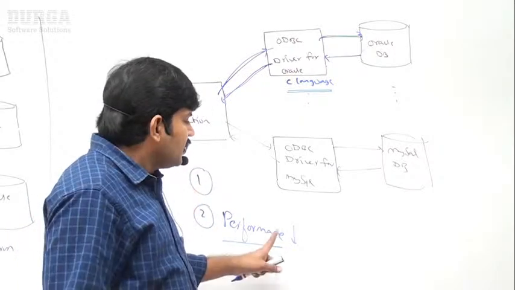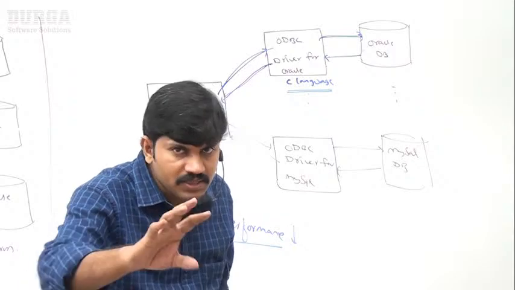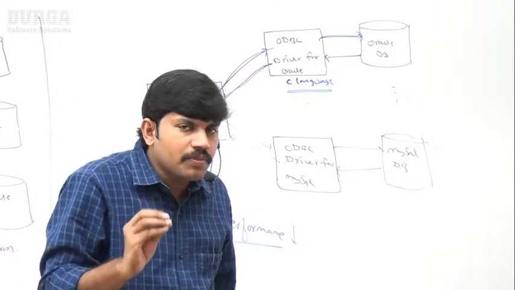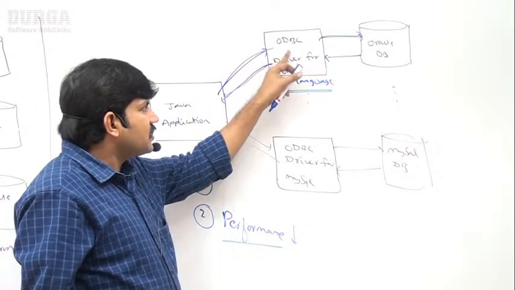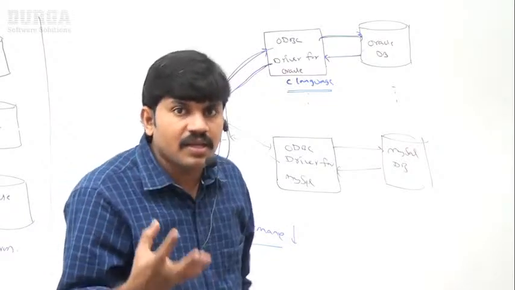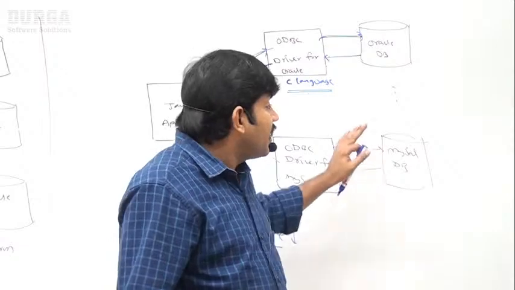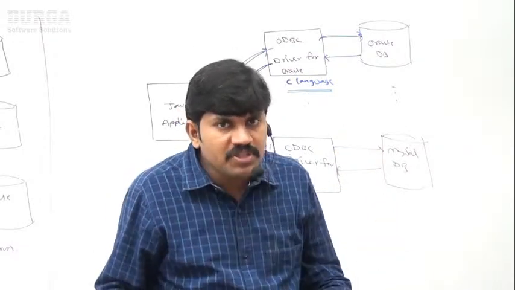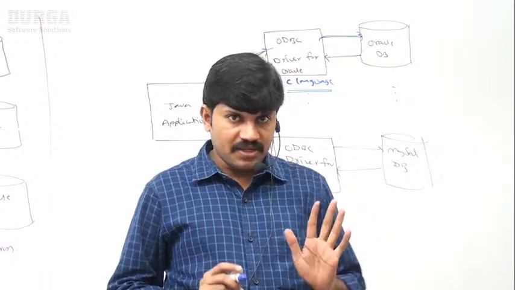Second problem: most of the time ODBC drivers are developed in C language, so Java to C and C to Java internal conversions are required, which may create performance problems. Because of these reasons, the ODBC concept is not at all suitable for Java applications.